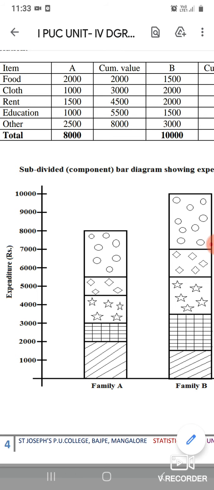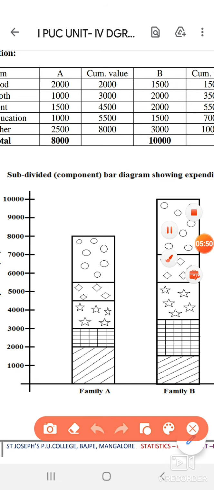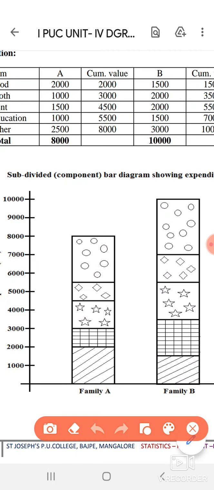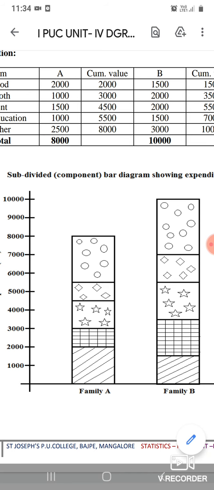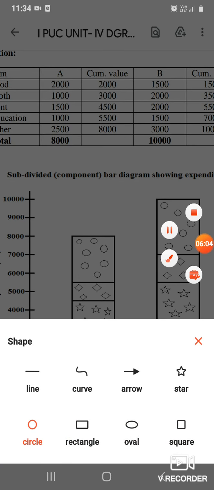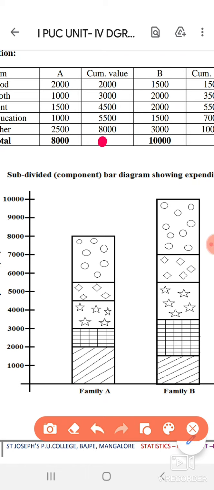Now, here see the cumulative totals of family A. Which is the last cumulative value here? This one, 8,000. I'll just show you. 8,000 is the maximum value.